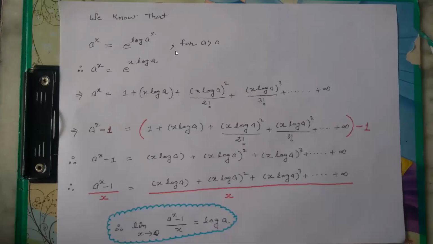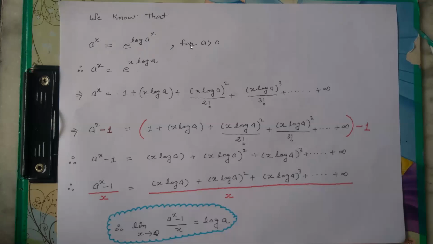Now we have the next concept. We know that a raised to power x can be written as exponential of log a raised to power x, e log. When they are together, they will become 1. e raised to power log of a raised to power x, they are same.